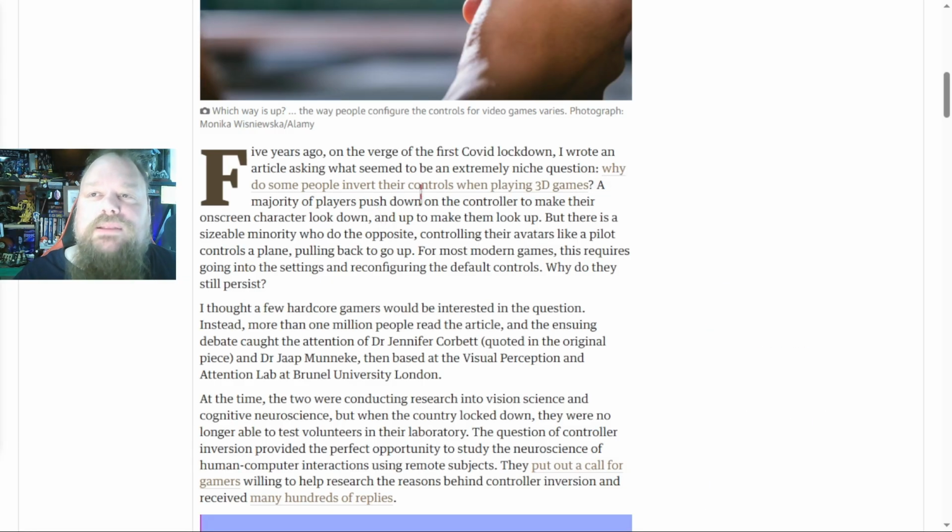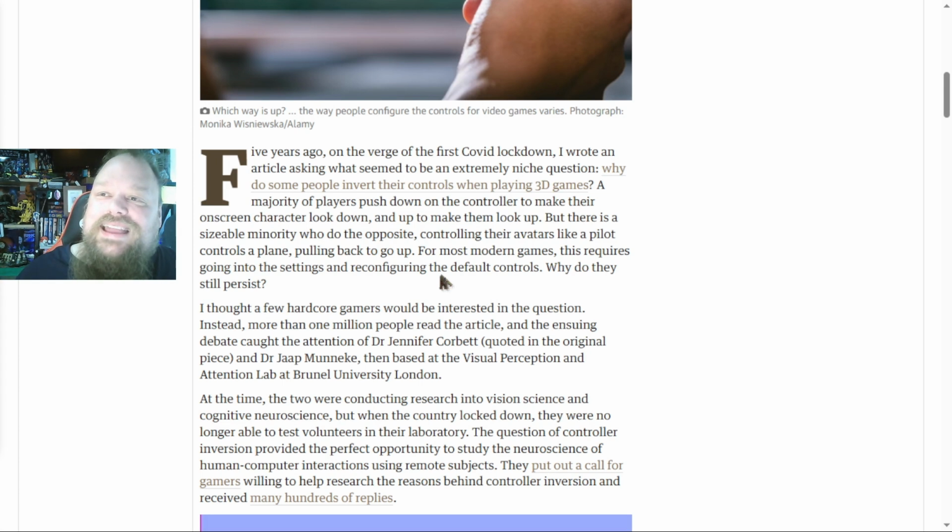Why do some people invert their controls when playing 3D games? A majority of players push down on the controller to make their on-screen character look down, and up to make them look up. But there is a sizable minority who do the opposite, controlling their avatars like a pilot controls a plane, pulling back to go up, for example.